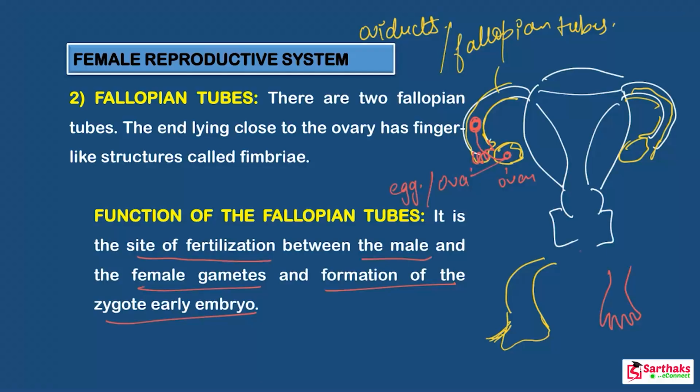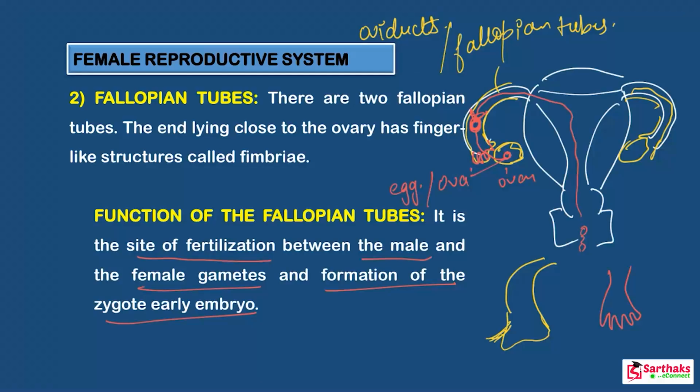If during that duration sperms are ejaculated into the vagina and move toward the egg, then fertilization will occur, then pregnancy will occur, beta. Clear? So where does fertilization of the egg by a sperm take place?